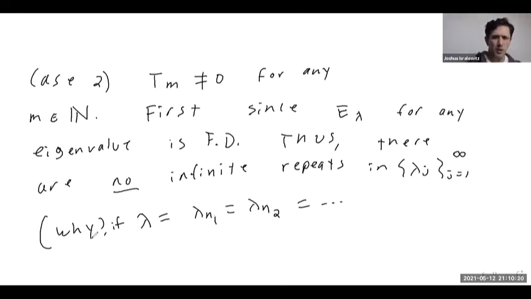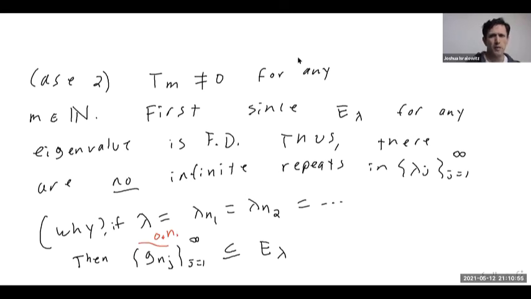Well, in that case, what does this mean? Well, this means that the g_{nj} form an orthonormal set in E_lambda. The g_{nj} are an orthonormal set by construction.